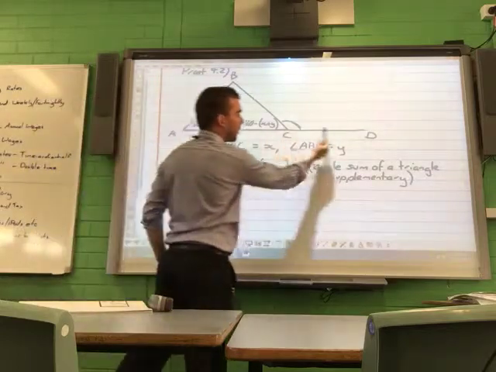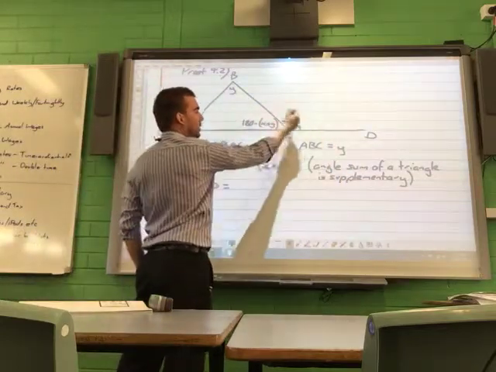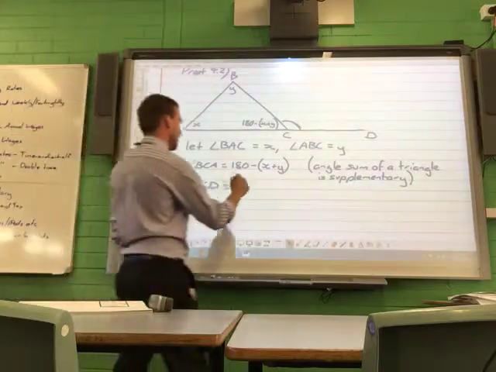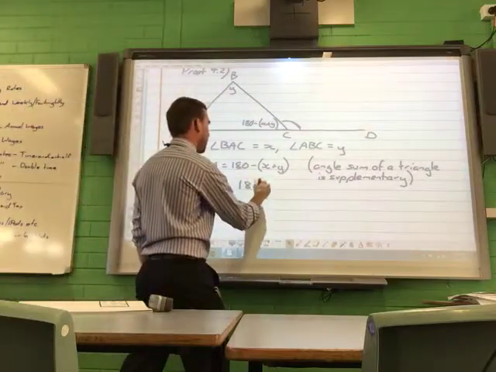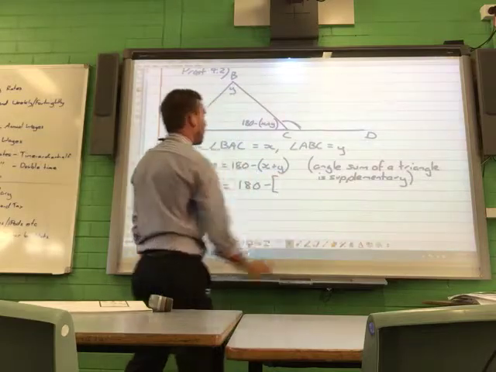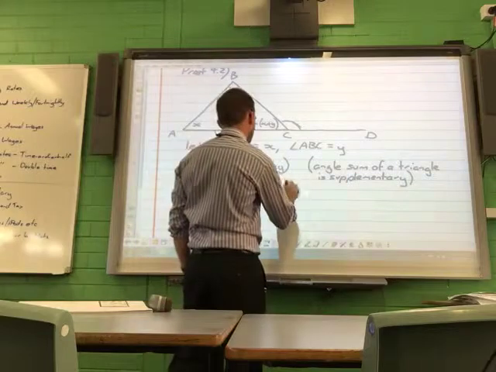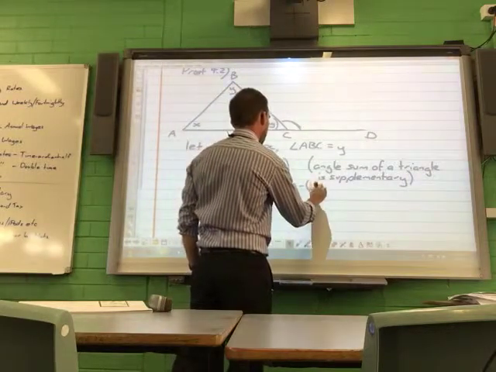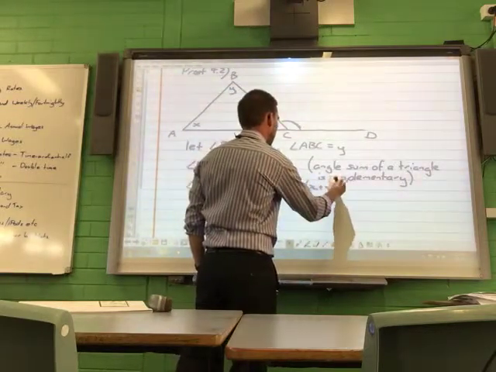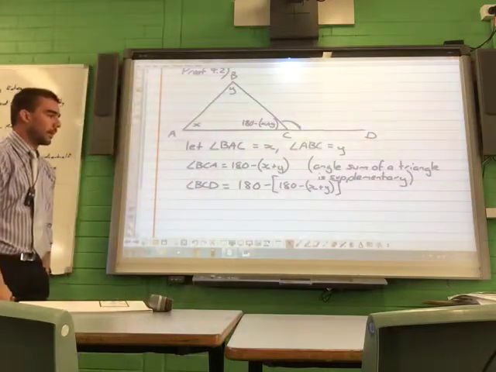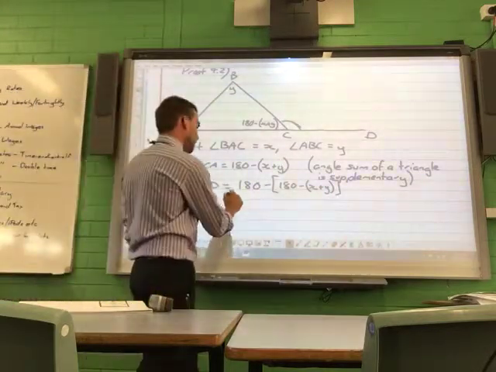So this is a straight line, isn't it? Yes, so these two angles must equal 180. Alright, so let's write down that working. It's 180, take away the whole value of the angle inside here. So 180 take away x plus y. Right, so let's expand.